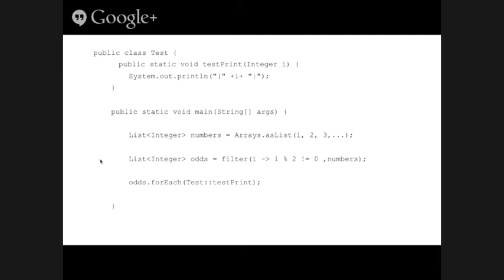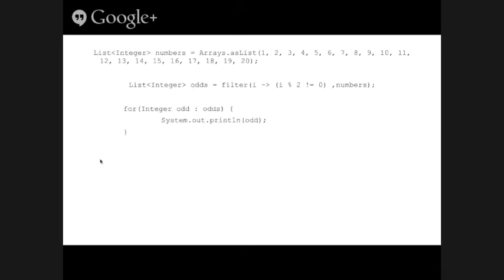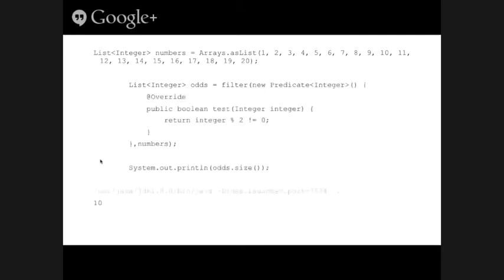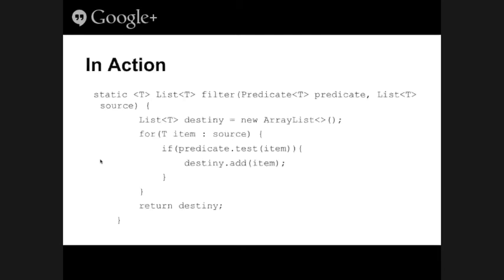IntelliJ is good enough to give you full code completion on that I, so it knows exactly what type it is, and you can use any of the integer methods. More importantly, if your list wasn't just a list of integers, you could use whatever belonged to that object. Filter was that function I defined earlier. We do have streams which pretty much do what this does. I'm sure you'll discover those soon.